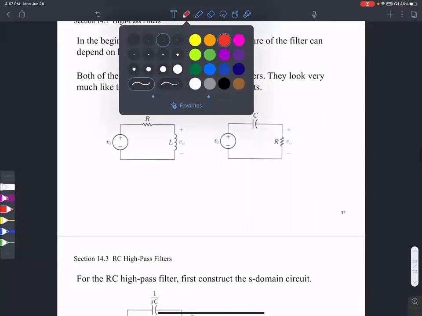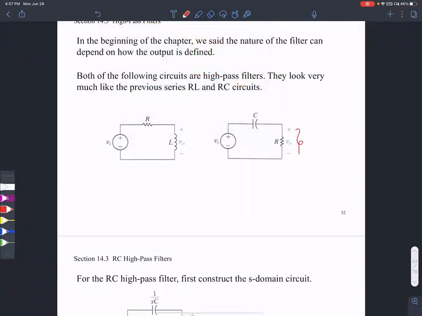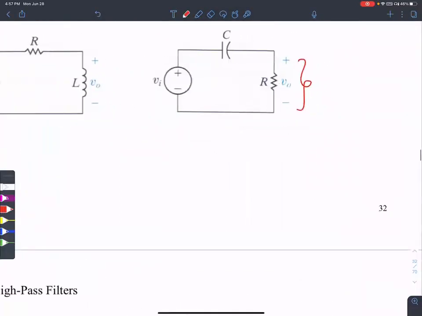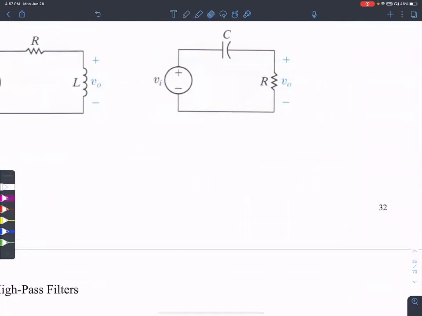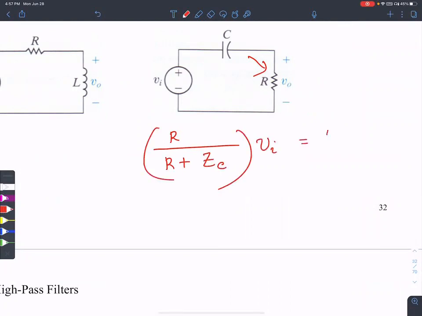So the same thing here for a high pass filter. If you want to write the transfer function of a high pass filter, that would be R by R plus ZC times V input, which gives you V output. If you want to write the transfer function, you bring V input to this side.